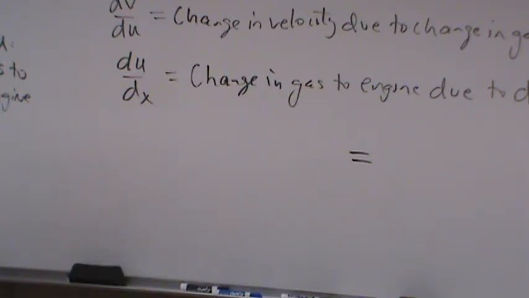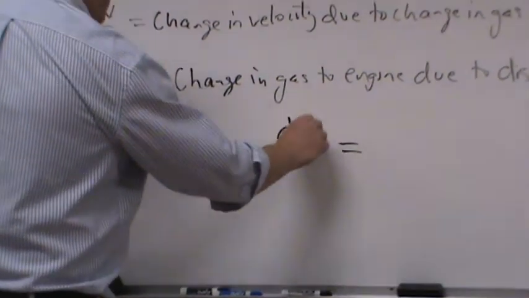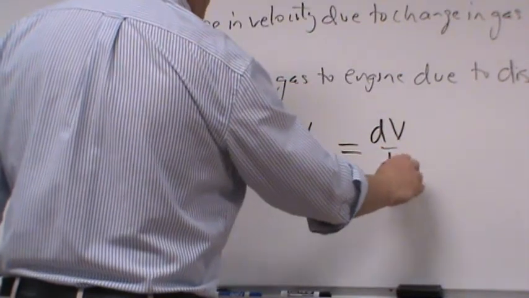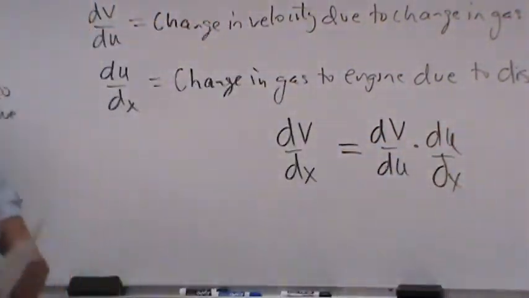I'll give you a hint, it's the chain rule. Yes, Lauren? dv dx equals dv du times du dx. Lauren said dv dx is going to equal dv du times du dx. How many people think that that's correct? They agree with her? Yeah, absolutely. And that's the chain rule.